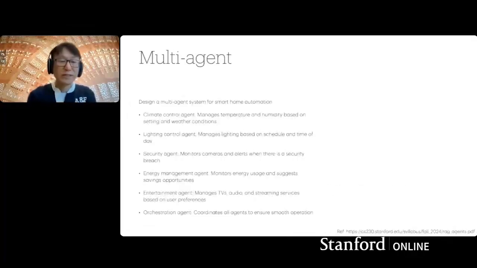All right, so multi-agent is an interesting way to accomplish your complex task. You could split up your task and assign those tasks to different agents that are dedicated to specific tasks.